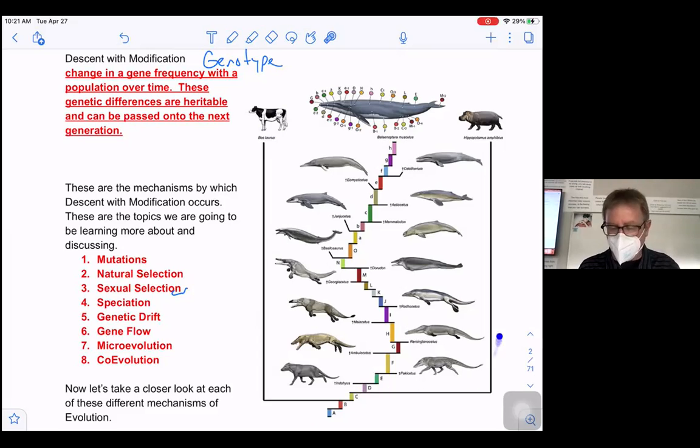At C here, we get the hippopotamus. So we get a land mammal, and we get an aquatic mammal as well, or terrestrial and aquatic mammal. But then through the process of change, we get terrestrial organisms again. And through the process of genetic changes, we get to today's whale.